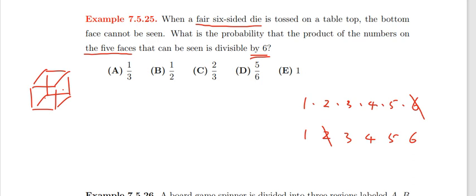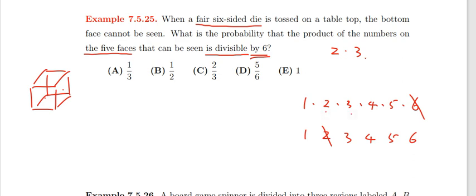So this remaining product of 5 numbers should be divisible by 6. So what is the condition for this? Divisible by 6. We say 6 is 2 times 3. So we found if we remove one, the number can still be divisible by 6.